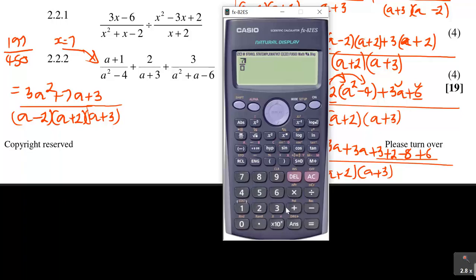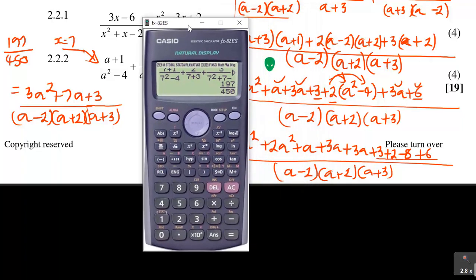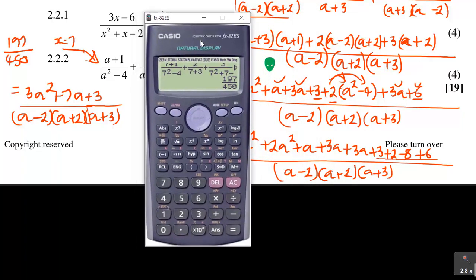It was 7 plus 1, because I'm seeing I wrote 197 over 7 squared minus 4 plus 2 over 7 plus 3, and then plus 3 over 7 squared plus 7 minus 6. It's 197, but this one gave me 199. Again, it means somehow I missed something, because they must be identical in that.